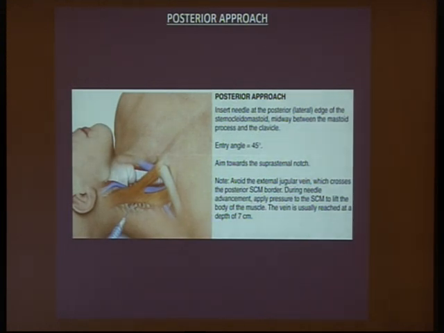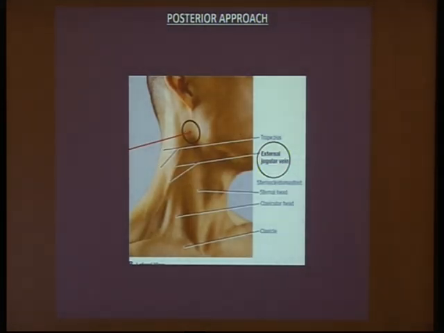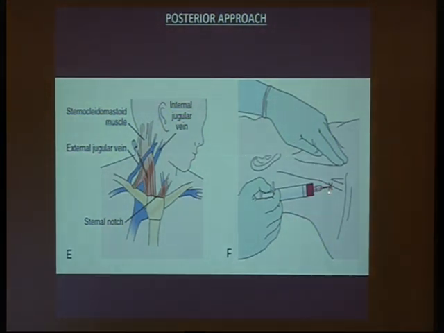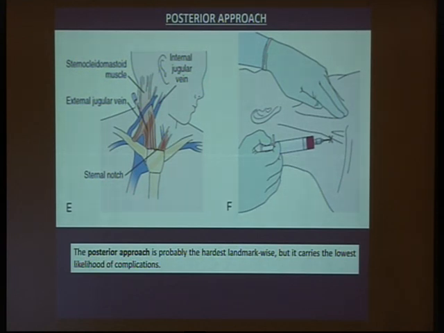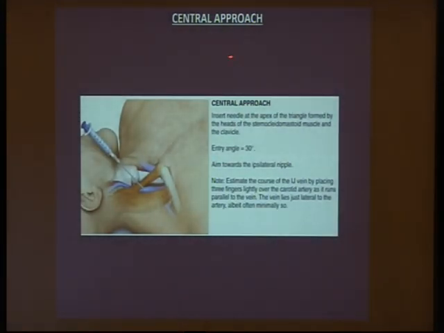And the second one is posterior approach, coming from the posterior aspect of the muscle, avoiding external jugular vein. It's like that. And the most commonly used approach is the central approach.